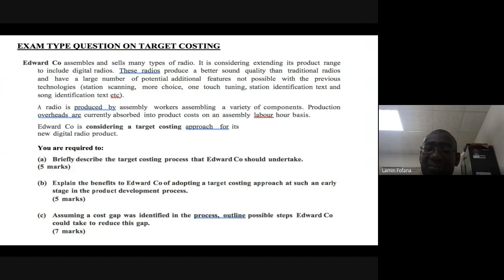That's true. That's one benefit of target costing over all other costing techniques: it is the only costing technique that puts the future and the market into consideration. So you have so many of them, to be honest.